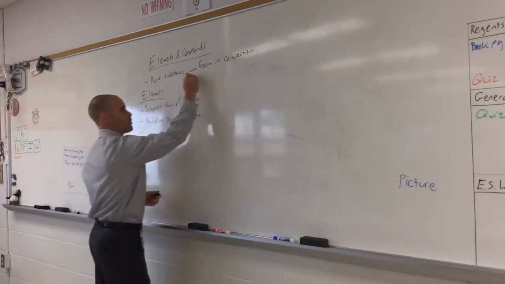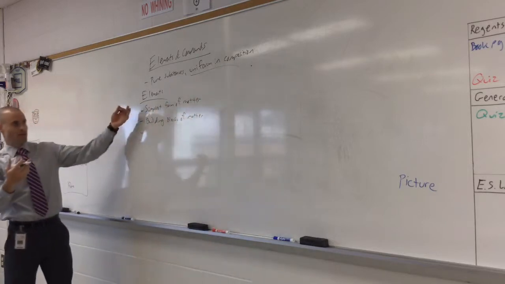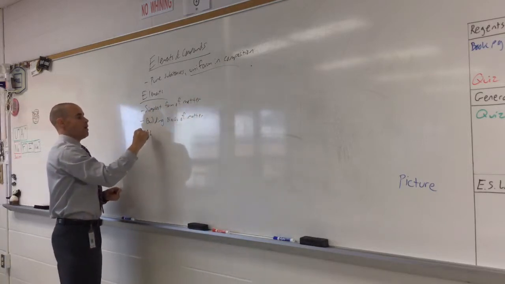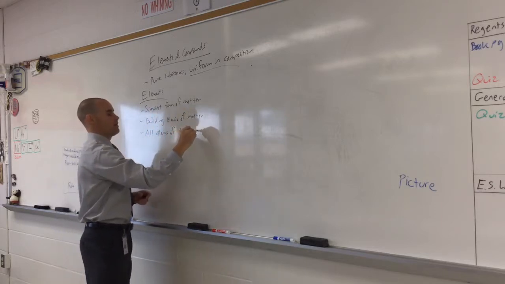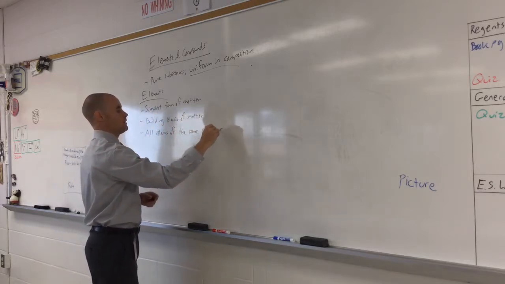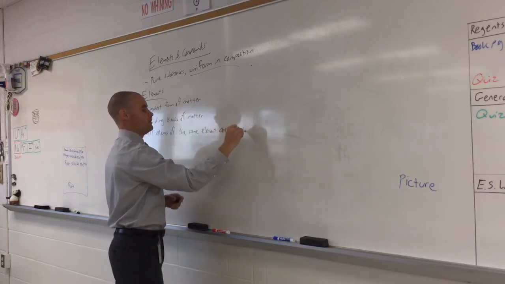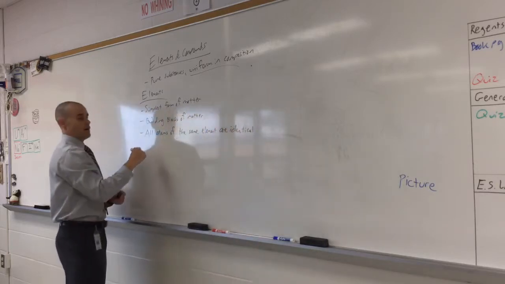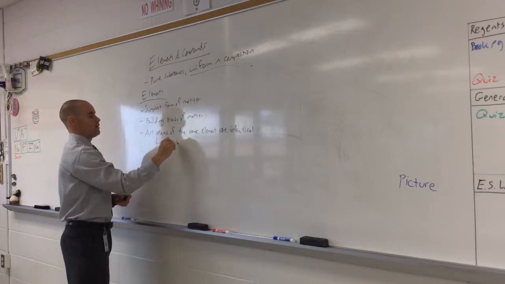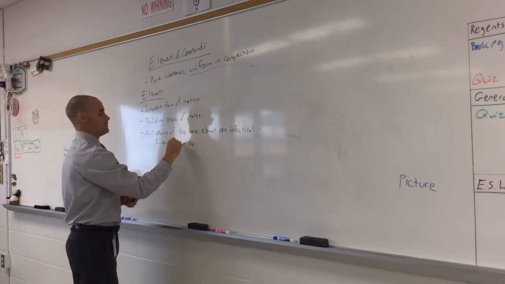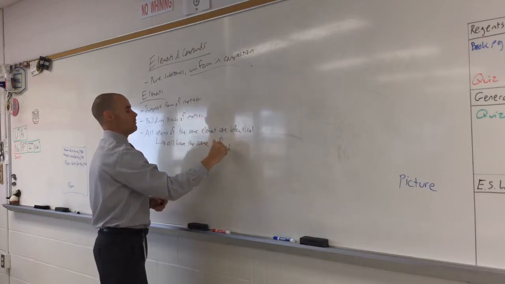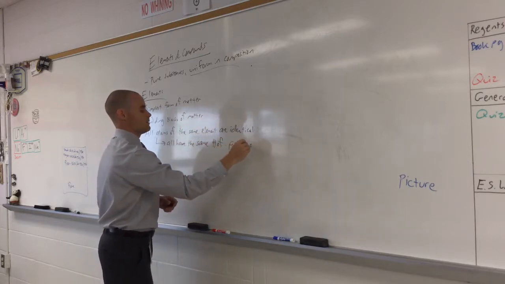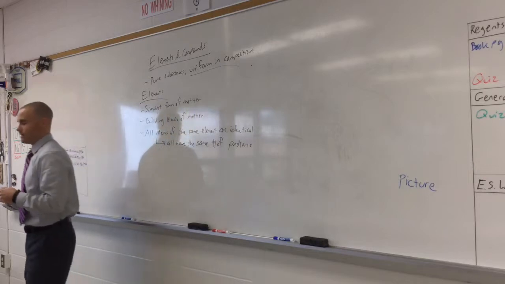So again, uniform composition. Elements have uniform composition. All atoms of the same element are identical, because they all have the same number of protons. The protons identify the element.